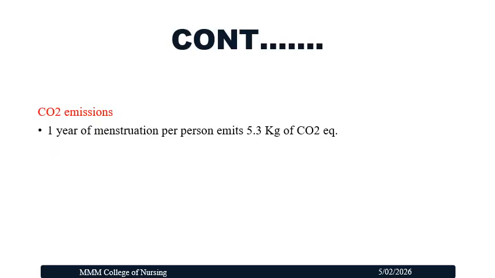This may lead to carbon dioxide emissions. One year of menstruation per person emits 5.3 kg of carbon dioxide.